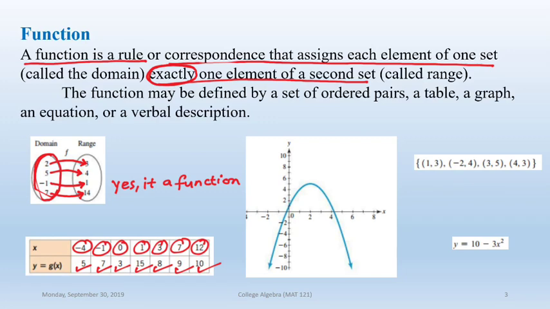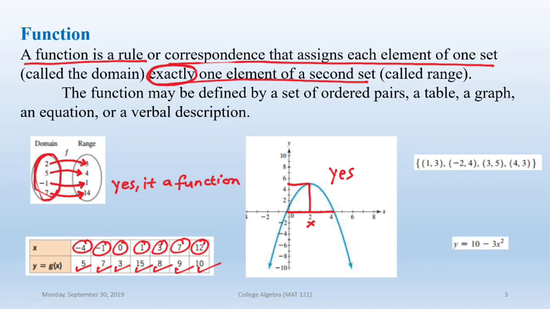Similarly, if you look at this graph, suppose you take this 2, it has only one value. When x equals 2, you have a single y value. When x equals 4 here, there's only one y value. So this is also a function. When you check point by point, you'll see that for every x value, it has only one y value.